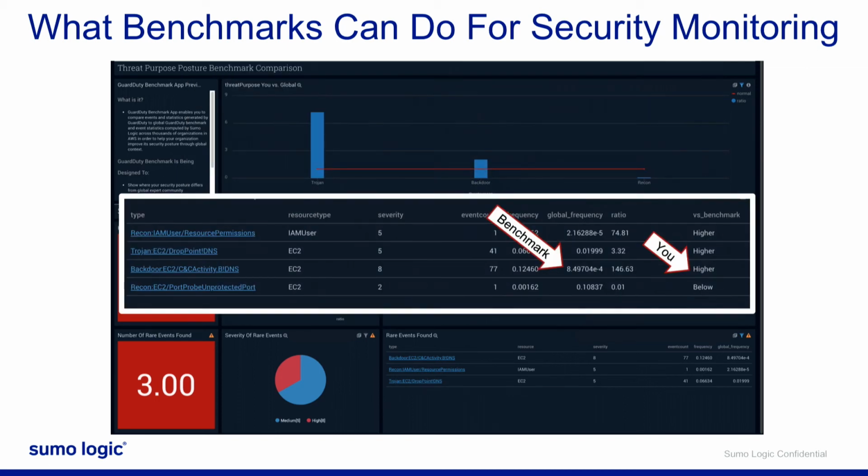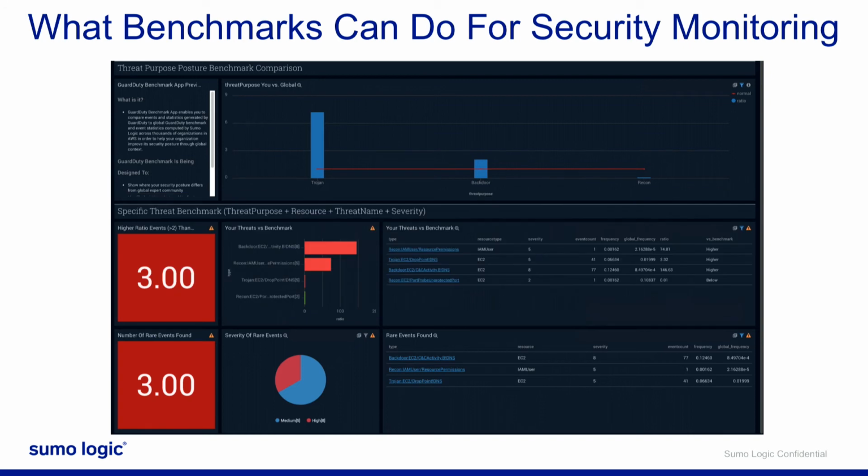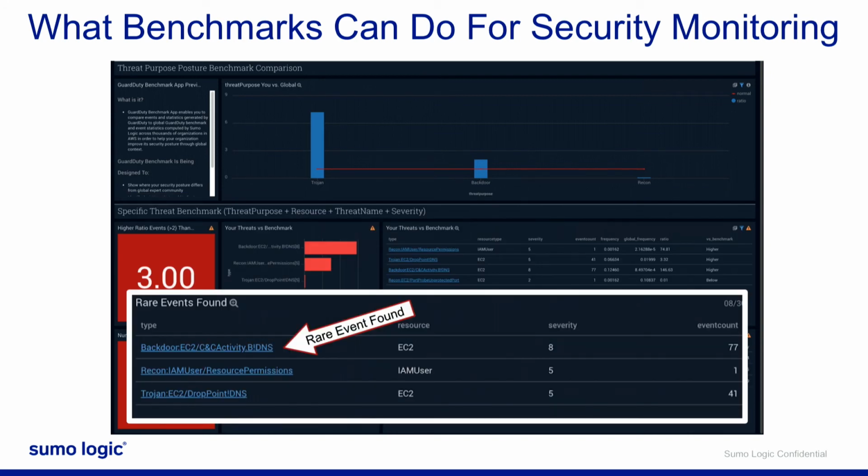It's also going to look into the actual threats, and it's going to look for individual threats, and it's going to only show you the ones where you have a significantly higher proportion of those threats occurring in your environment than others. Some of these might be explained easily because of the type of business you are, but others might not, right? It will also look for extremely rare things, right?